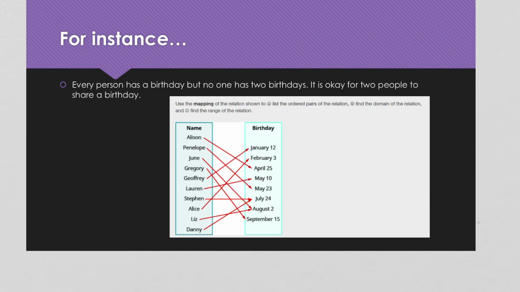But over here, people are allowed to share birthdays. That's okay. But each individual person is only allowed to have 1 birthday. So our x values in this case do not repeat, but our birthdays, they do repeat, and that's okay.